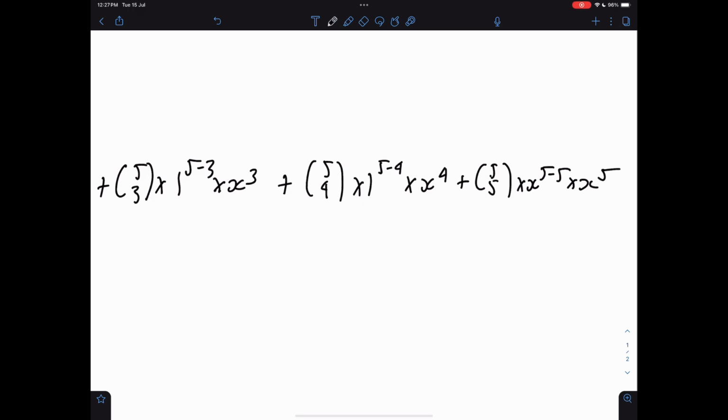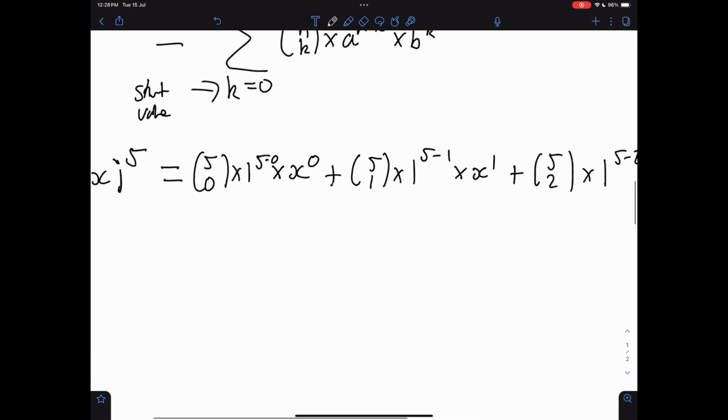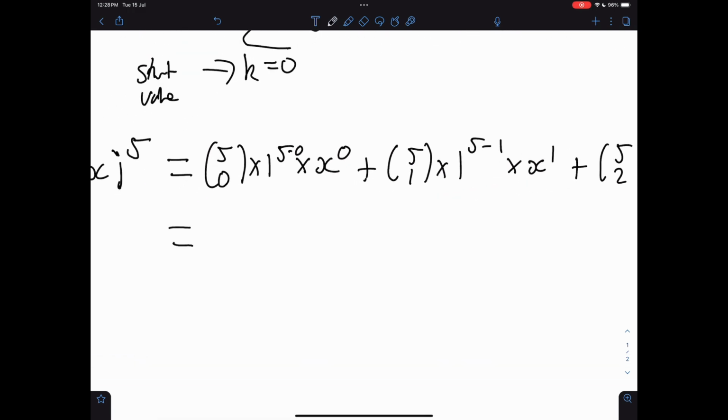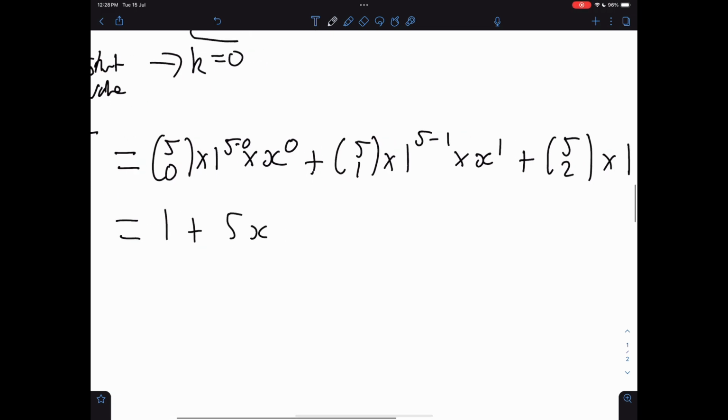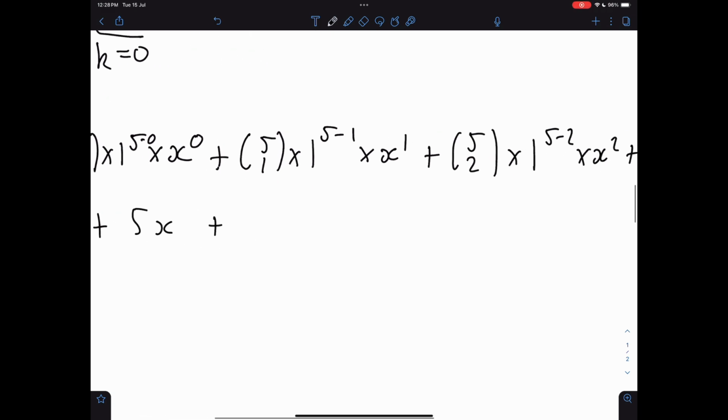Oh dear, I've made a mistake there. That should be a 1, not an x to the power of 5 minus 5. But yeah, and then 5x.